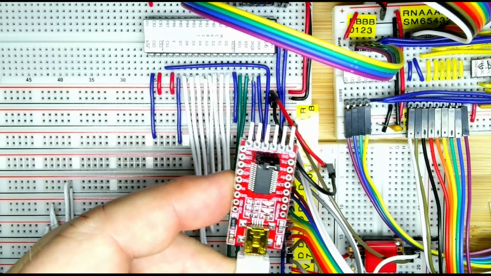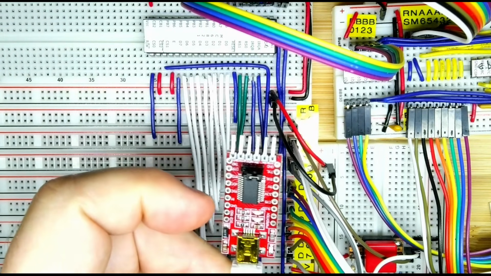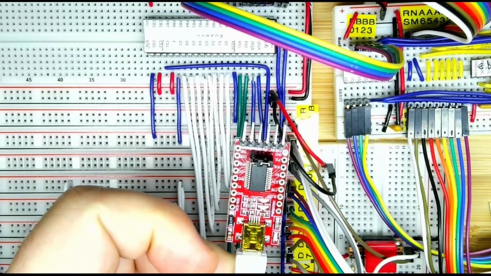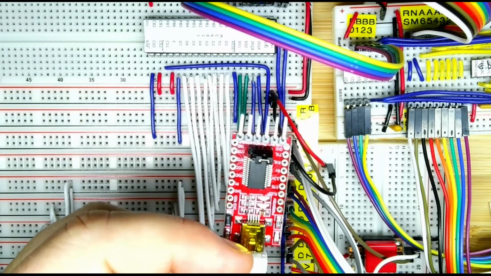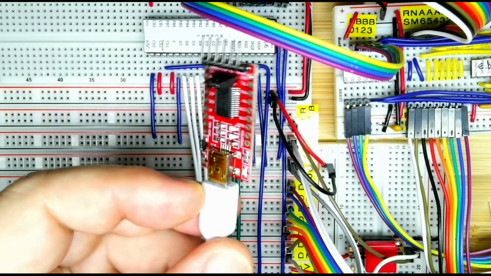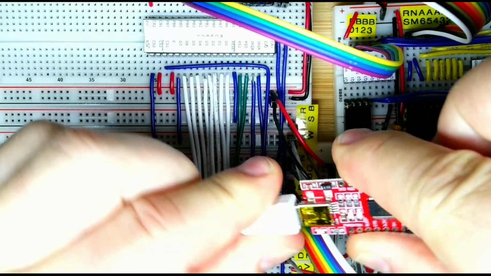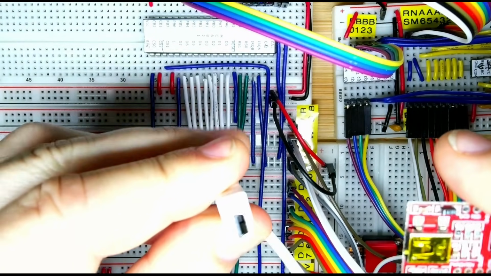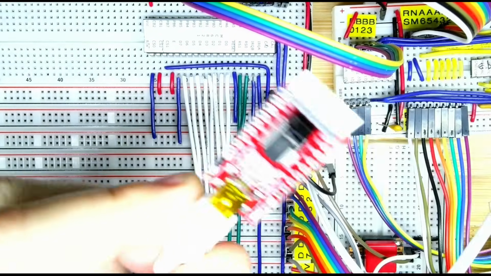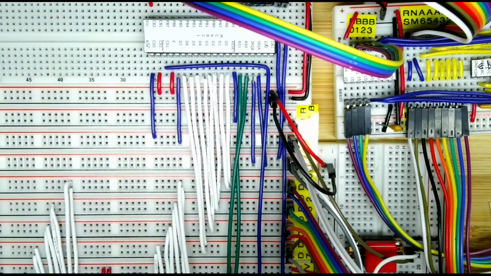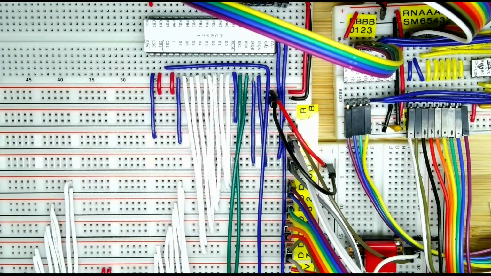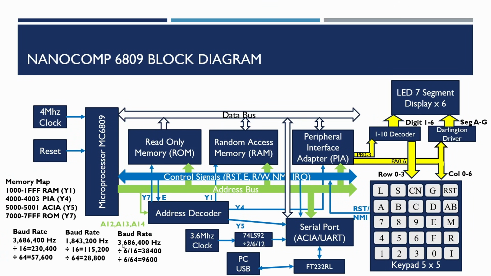But this basically allows us to plug those 6 lines into the breadboard, and then we can plug this into the PC using a mini USB connector, and we can then just access the NanoComp through a serial port on the computer. Okay, so we're going to use our 3.6 megahertz crystal and the divide by 6 here.